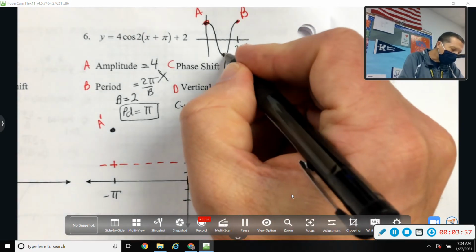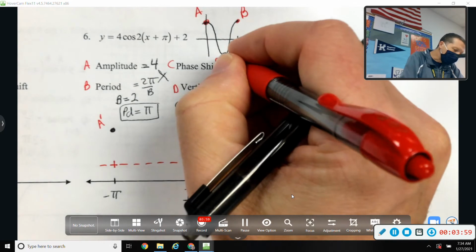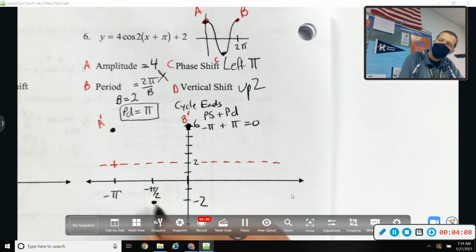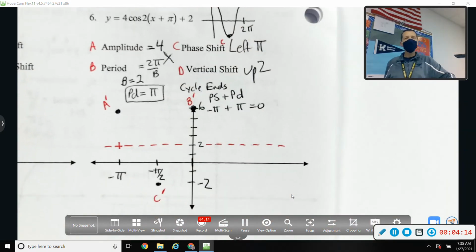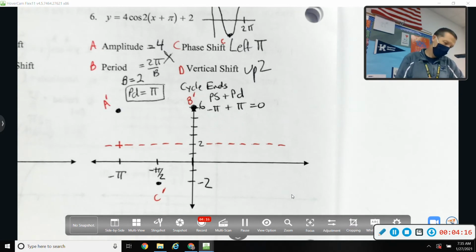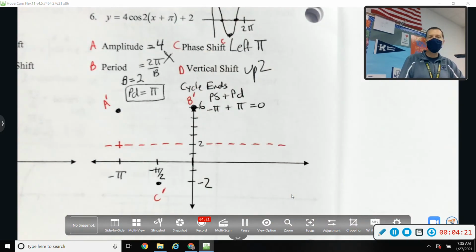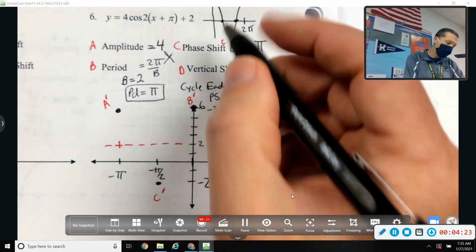Halfway in between, there's a minimum. So halfway in between would be at negative pi over 2. There's a minimum, which would be 4 down from the middle line. So that would be point C prime if we're kind of mapping point to point. And then halfway of those, I'm not going to label them, but those are at 0.